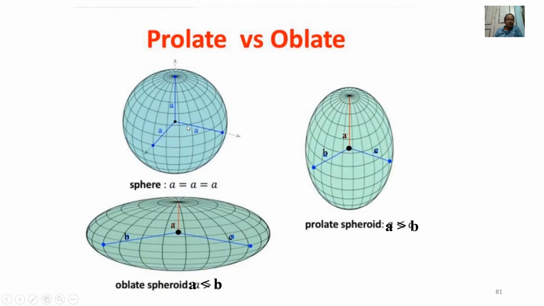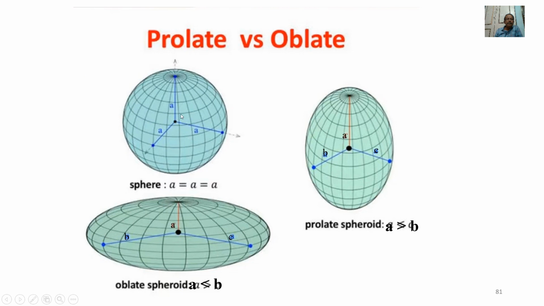So we have I_A equal to I_B equal to I_C. So for any spherical symmetry, we have A equals B equals C, all the three directions.